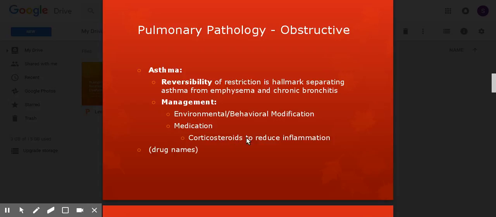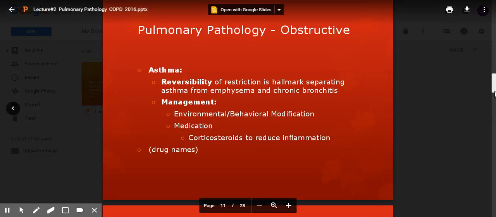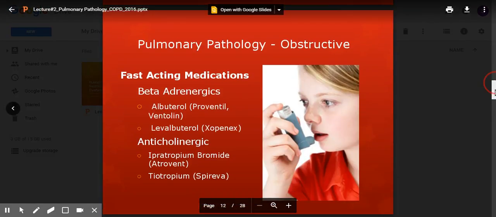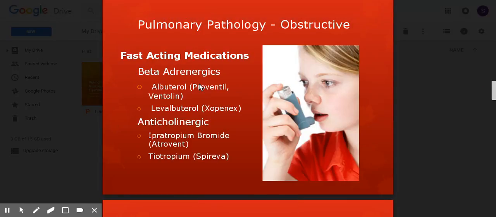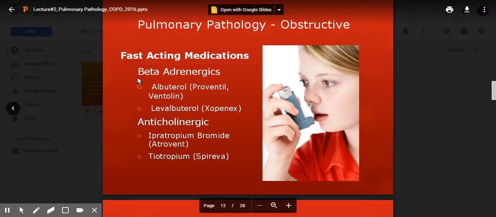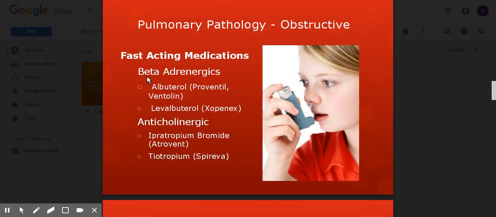Corticosteroids are very effective in reducing the long-term effects of inflammation, and fast-acting bronchodilators are effective at reducing acute muscle spasms. And so the fast-acting medications are in two major classifications: the beta-adrenergics and the anticholinergics.